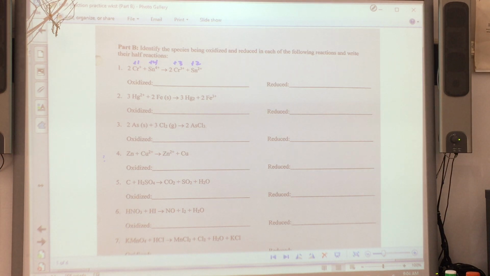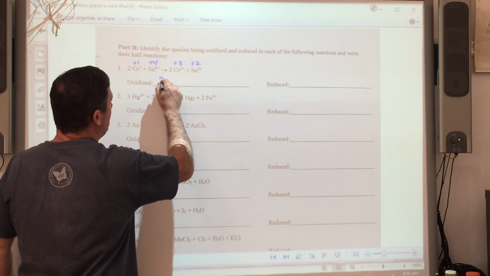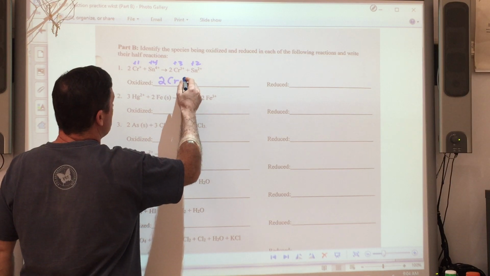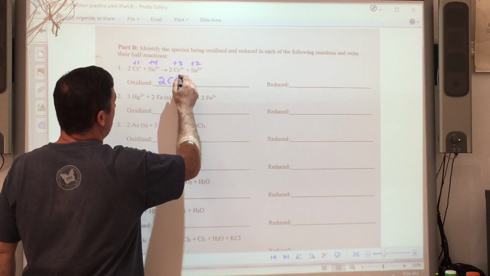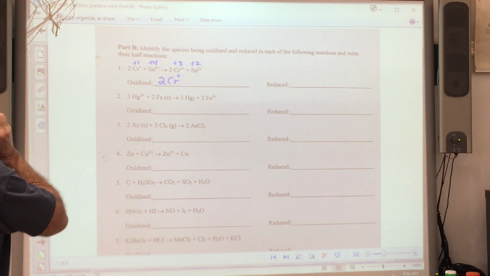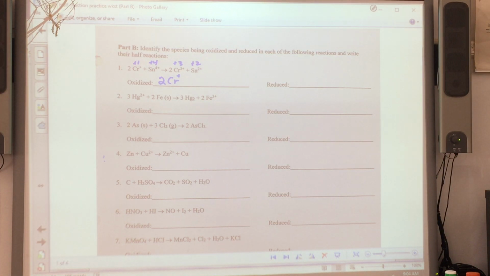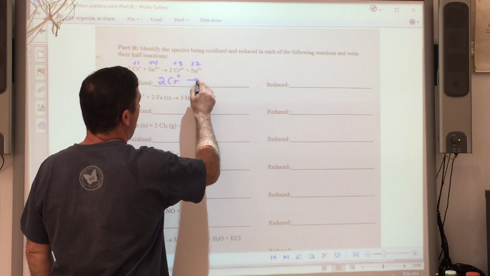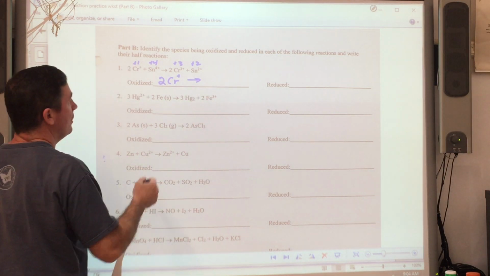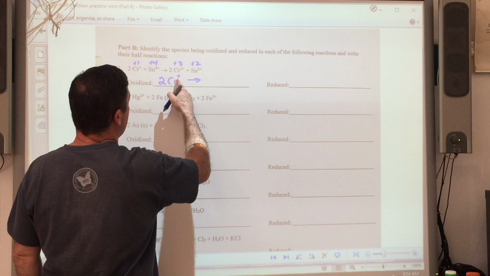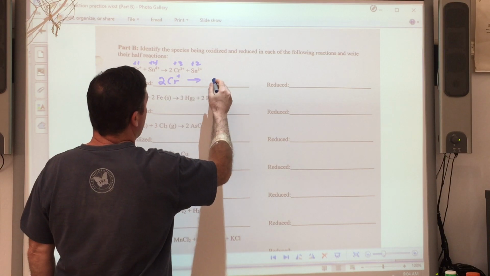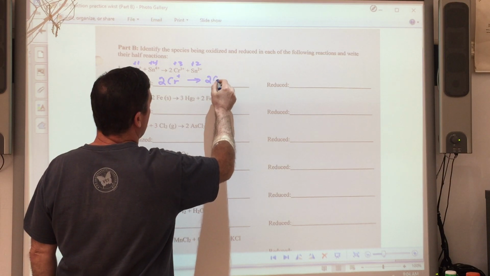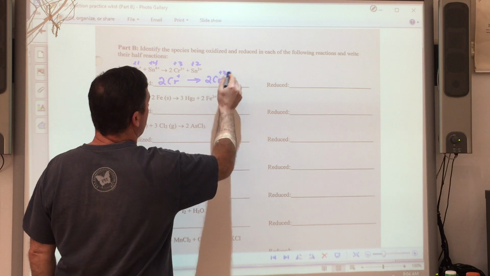It's getting oxidized because it's losing electrons. So here's chromium. If it loses electrons, the electrons are going to be on the right side. So we've got 2 chromium pluses, and we've got 2 chromium 3 pluses.